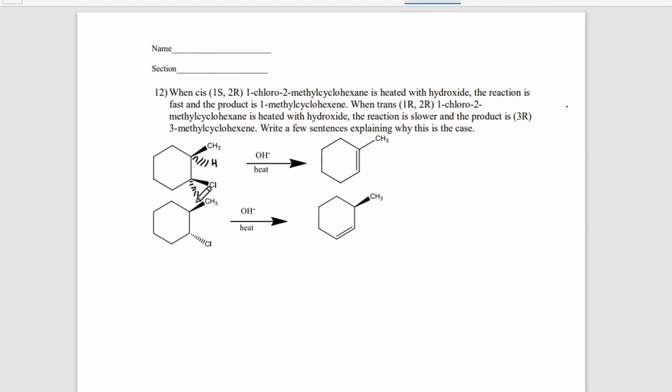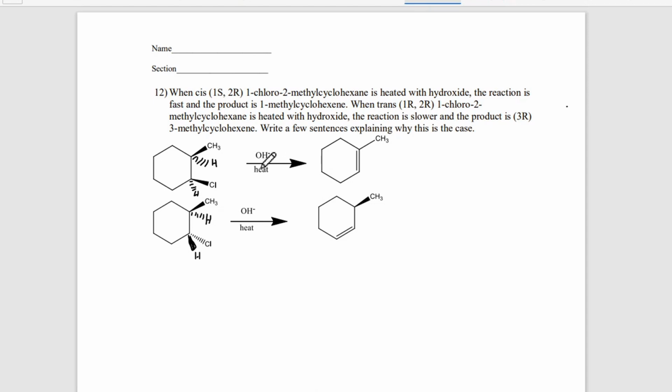The OH is a strong base, and the chloro is on a disubstituted, or secondary, carbon. So try to remember the flow chart. If it's heated, is it an E2 mechanism?